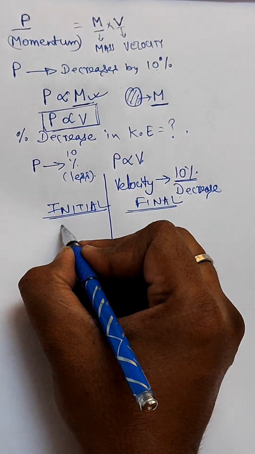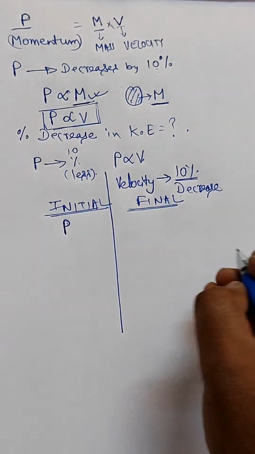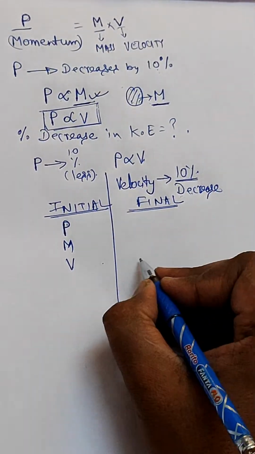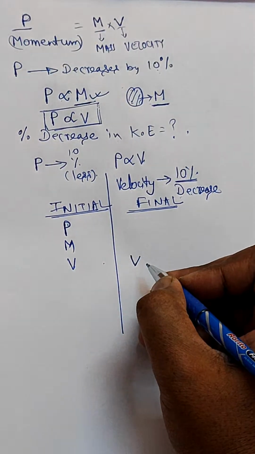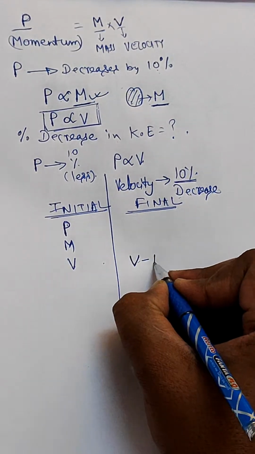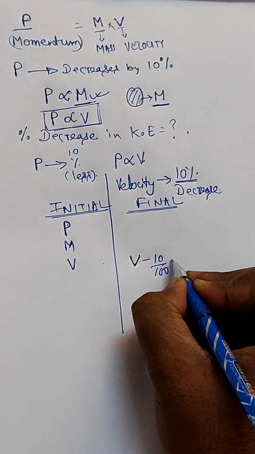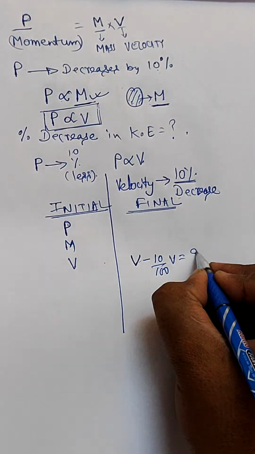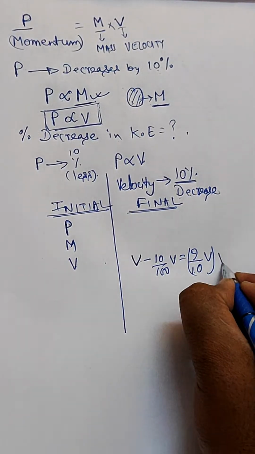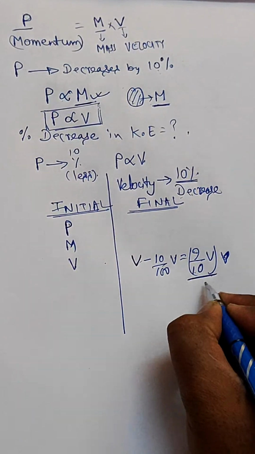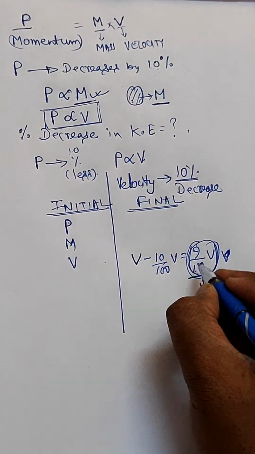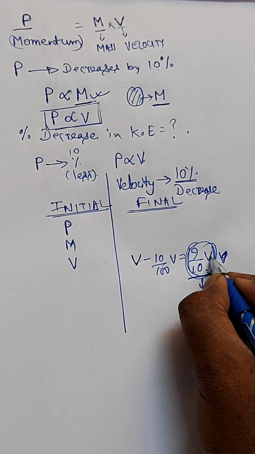Here we have P and M and V. Then here in place of V, the new velocity will be 10% less. So minus 10% less, that means 9 by 10. This is the final velocity, that means in the second stage, this will be the velocity: 9 by 10 times the velocity, right?